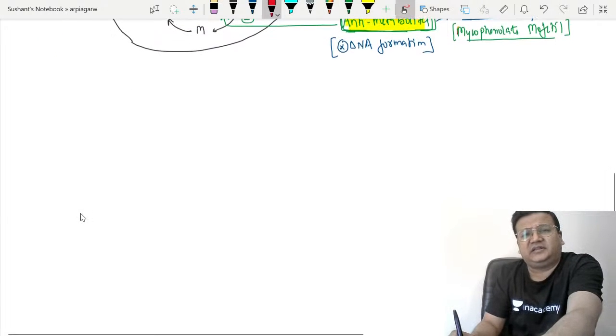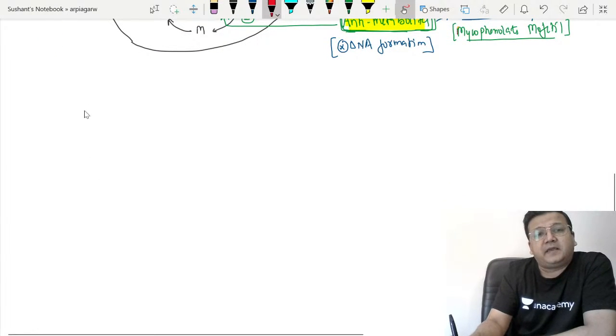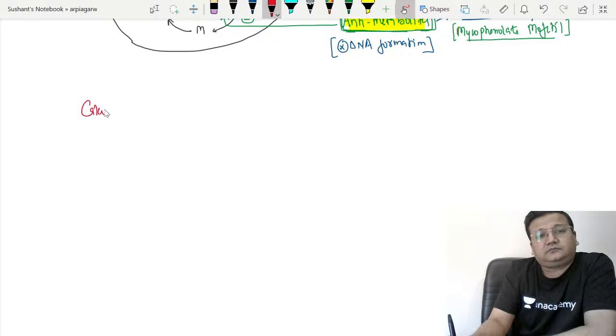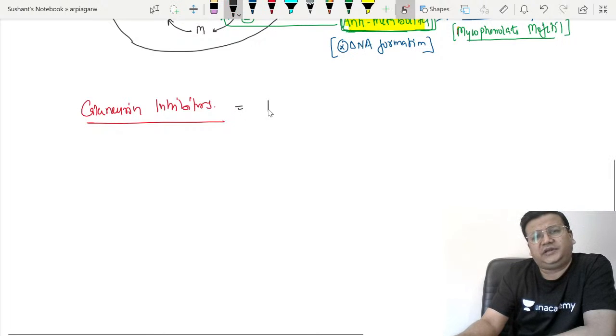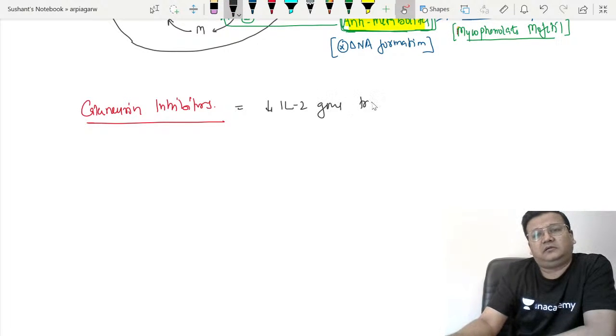The first drug that we have to discuss is calcineurin inhibitors. Calcineurin inhibitors, as I told you, decrease interleukin 2 gene transcription, correct?